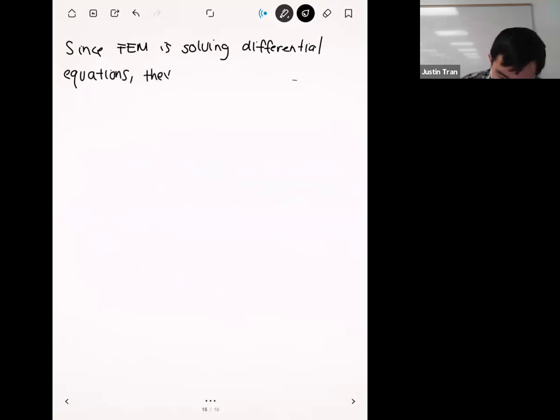Since FEM is solving differential equations, you also need boundary conditions.